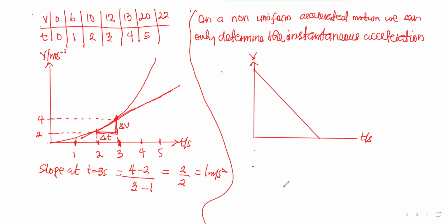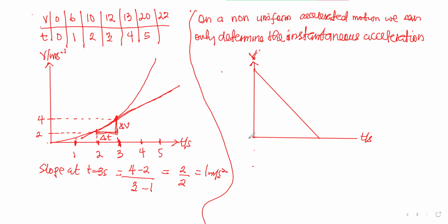So I think when it's like this, it means the velocity is 0. No, Nora, it is a velocity against time graph.